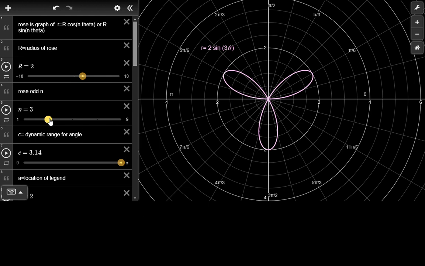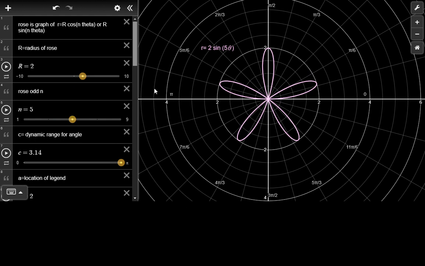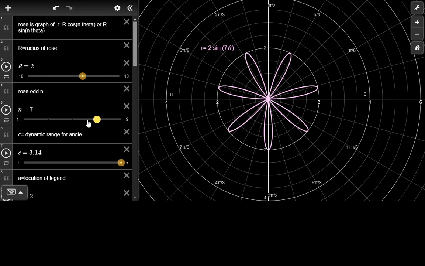Now how about 5? Where does 5 go? For 5, the starting point is this point up here. That's the good fixed point. All of these cases start from here. What do you think is going to happen to 7? 7 again starts from down here.